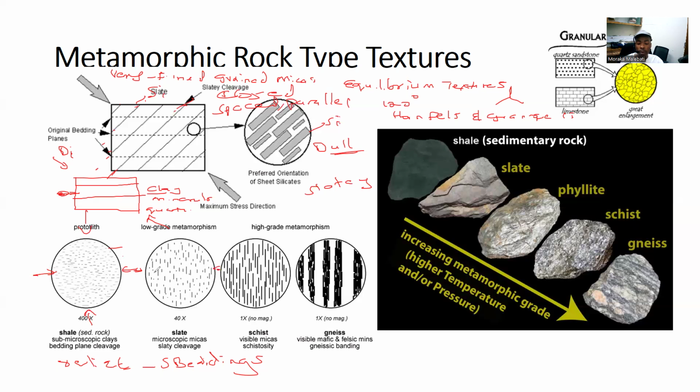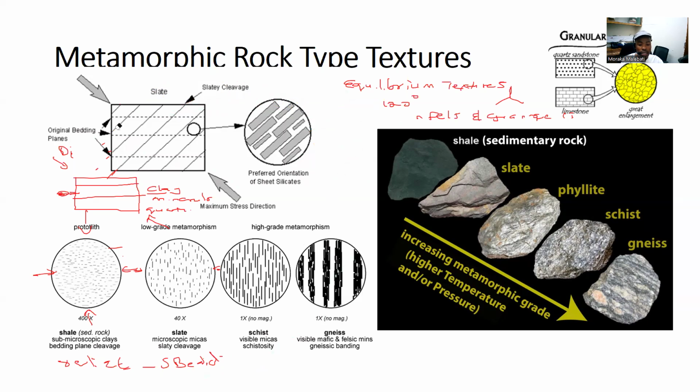Now, with the increased pressures and temperatures, you come up with another foliation. Remember, this is what you call continuous foliation. The pressures and temperatures are increasing, which is what you call prograde metamorphism.